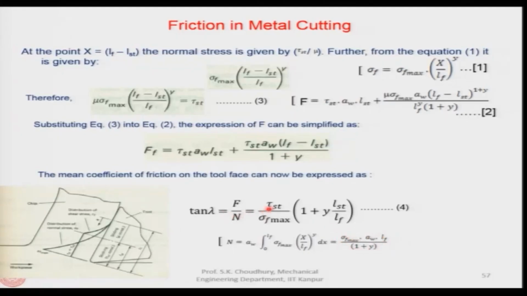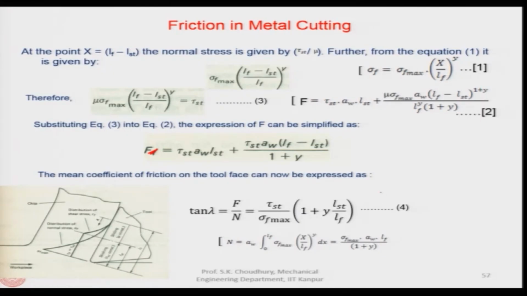So, this will give you the tau ST divided by sigma F max and 1 plus y LST by LF, if we divide this by this. So, in here of course, so that you are not confused, this is actually F. This is F, and this is the same F, which is obtained by substituting this equation into the equation 2 in here.